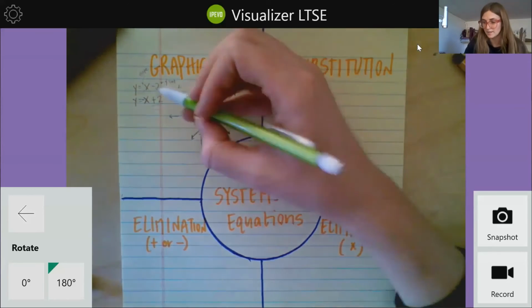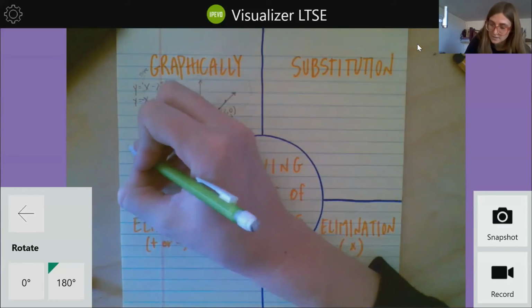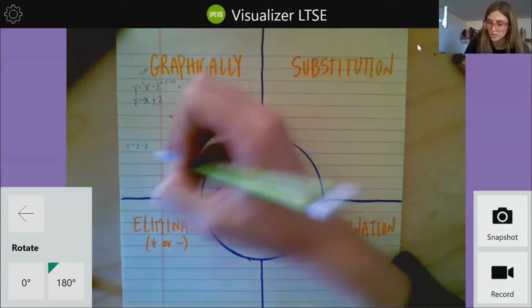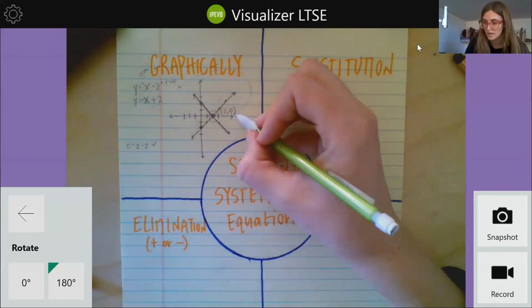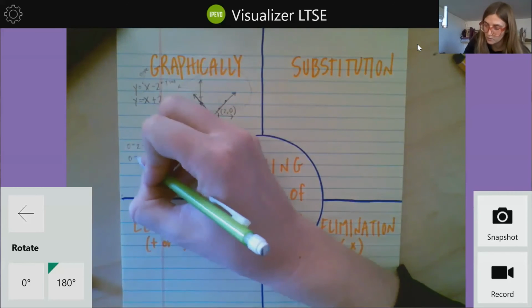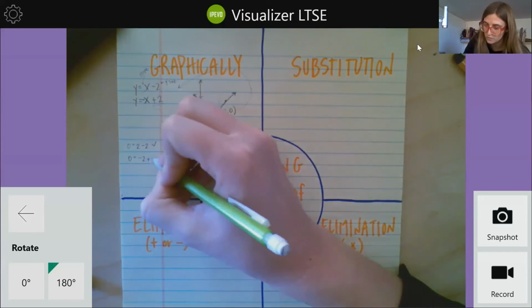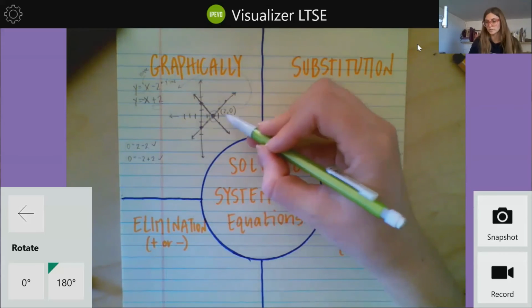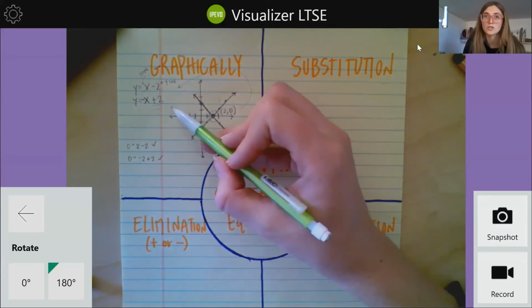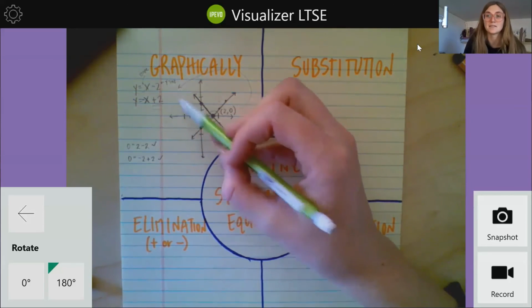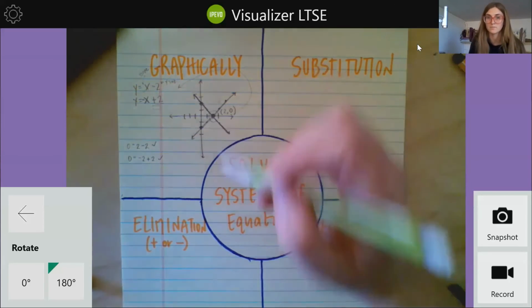If I plug that into the first equation, I get 0 equals 2 minus 2, which, yes, is true. Now let's plug it into the second equation. I get 0 equals -2 plus 2. Again, yes, that's true. So I know that (2, 0) is the solution to both of these equations, to this system of equations.